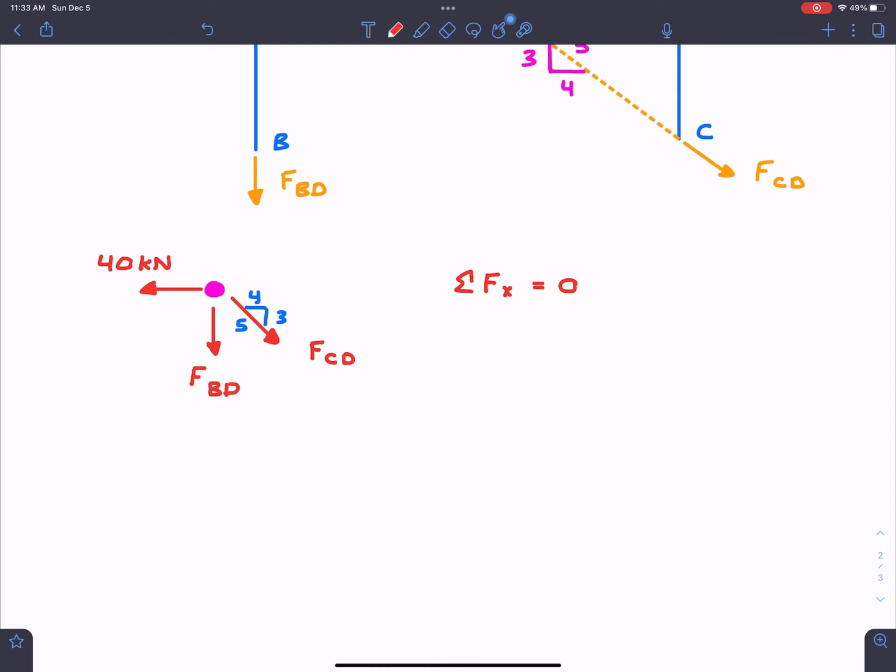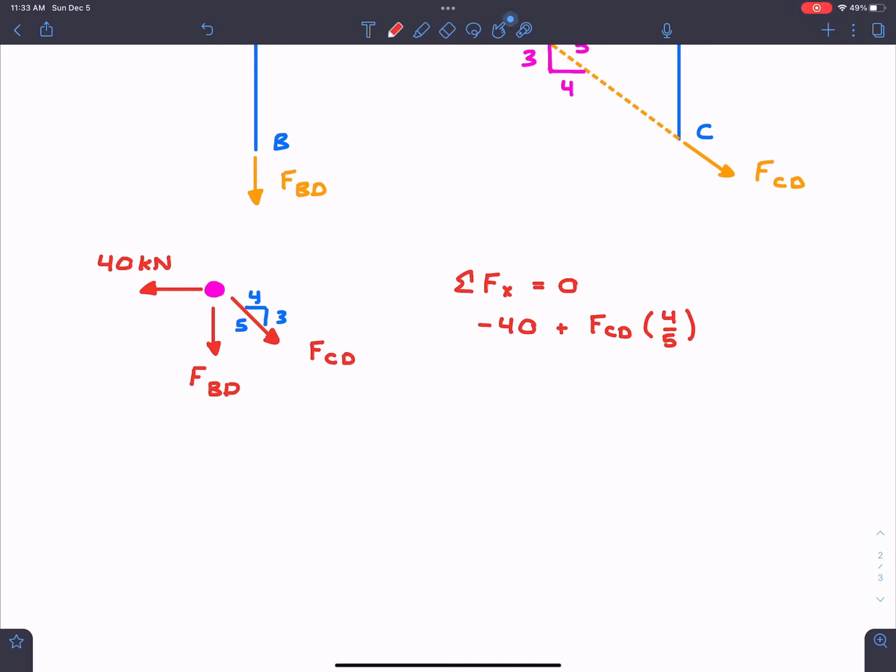As we can see, we have 40 kilonewtons going to the left, so negative 40. And then we have a component of FCD going to the right, so we're going to go plus FCD. Again, it's going to the right, so it's positive. And the component is the horizontal over the hypotenuse, so 4 over 5.